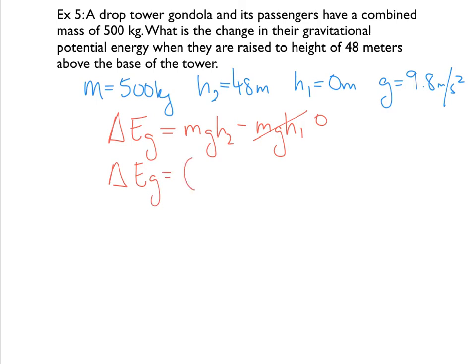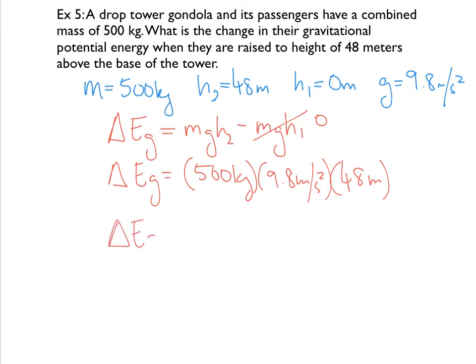Our mass is 500. Gravity is 9.8 meters per second squared. And our final height is 48 meters. And that comes out to 235,200 joules.